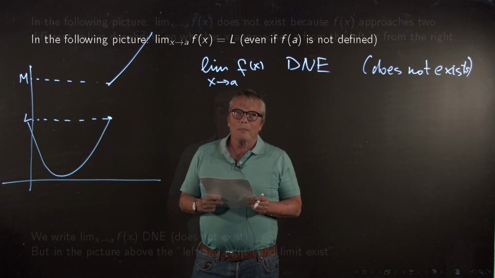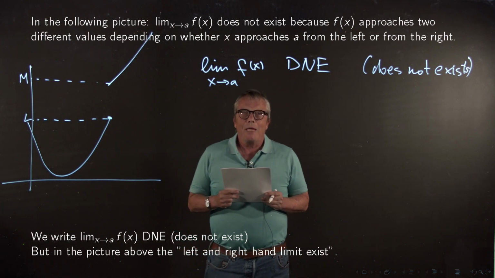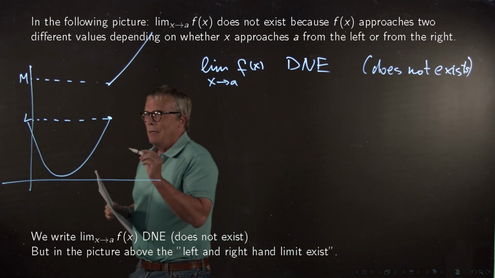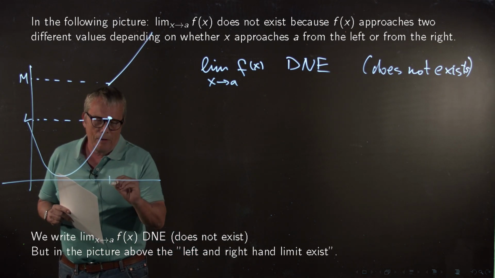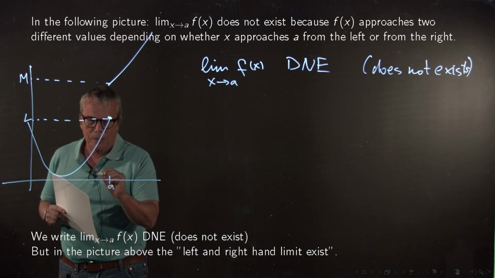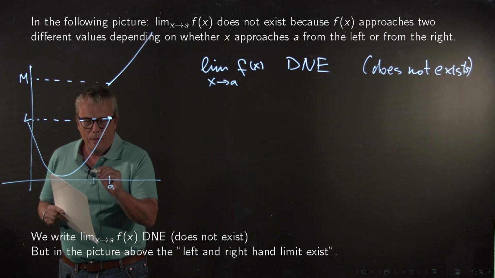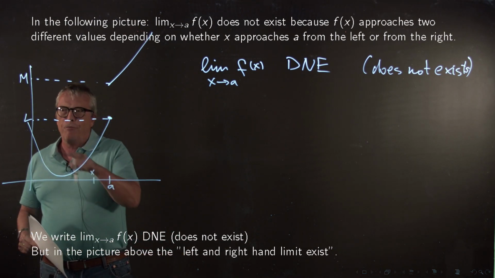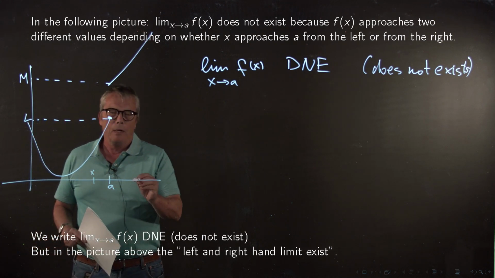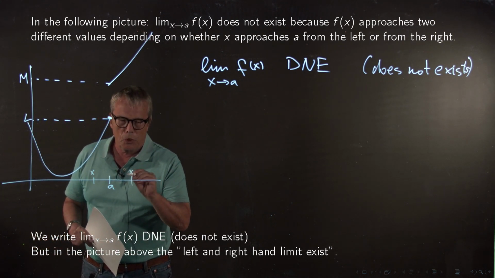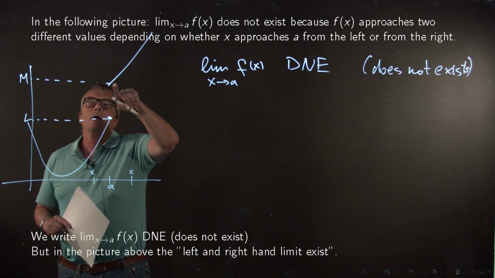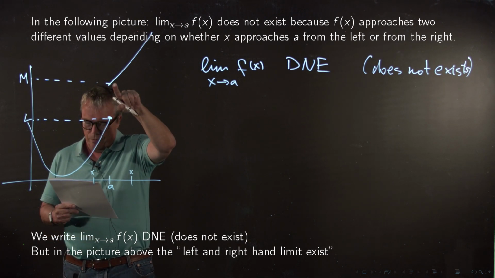Nevertheless, we can be more precise, because at least if x approaches the value a from the left, then f of x approaches a certain number. And also, if x approaches a from the right, it approaches a certain number.